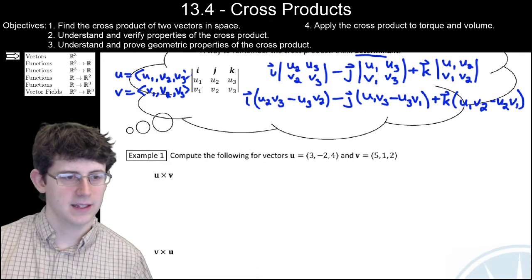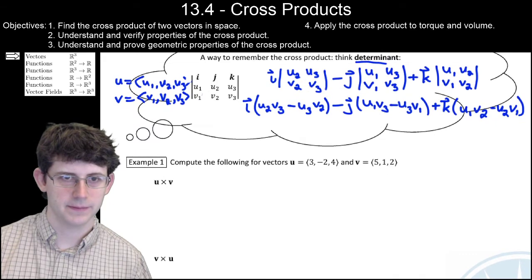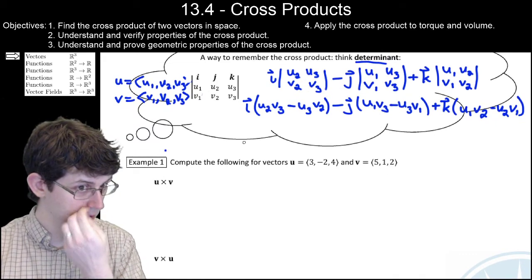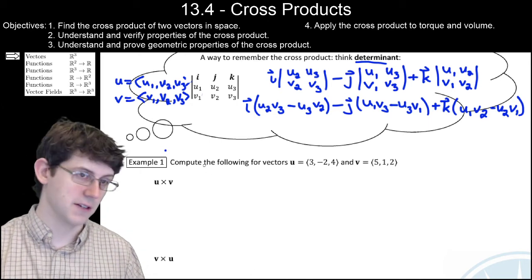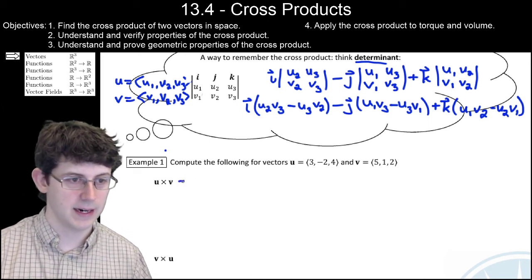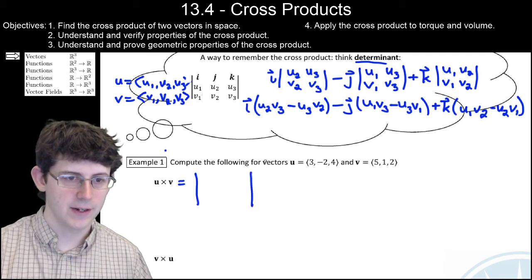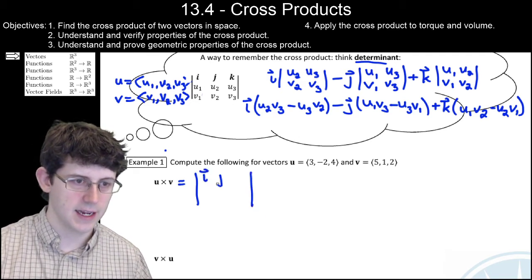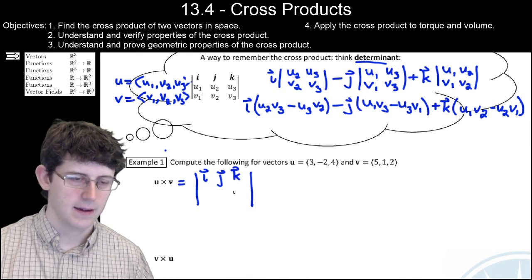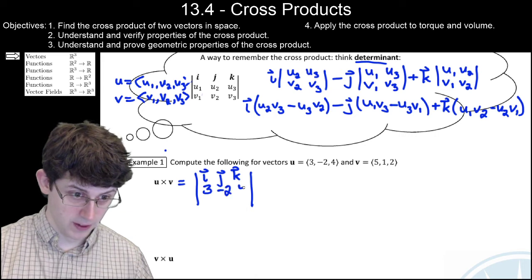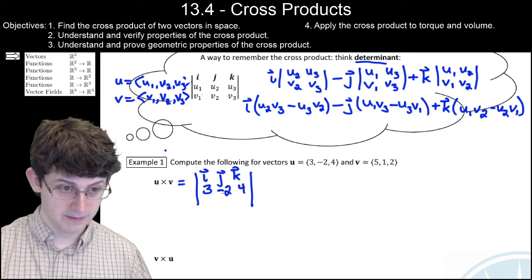Okay, let's find some cross products. I'll do one of them using this method and the other one using a different shortcut, and you can pick whichever method you like better. The method given here is that you put i, j, k along the top row, then 3, minus 2, 4, that's u, in the second row, and put v in the third row.